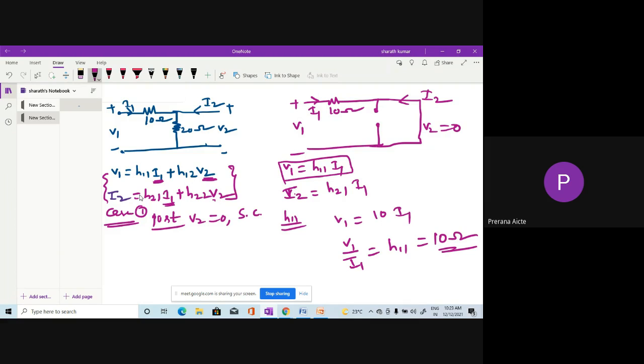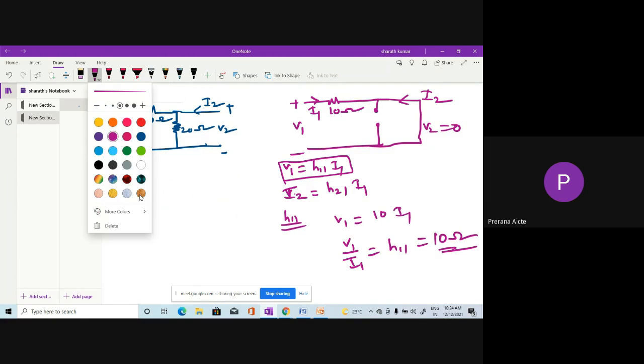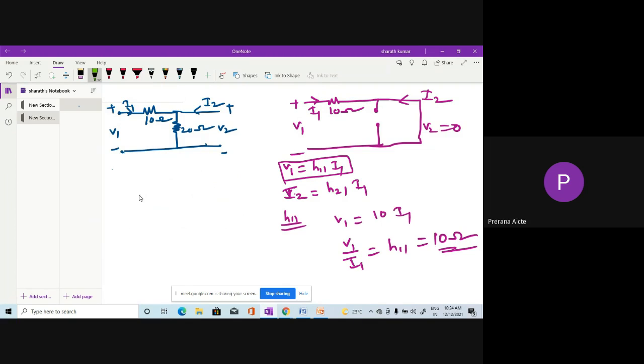So our next parameter is H21. So we are going to calculate H21.